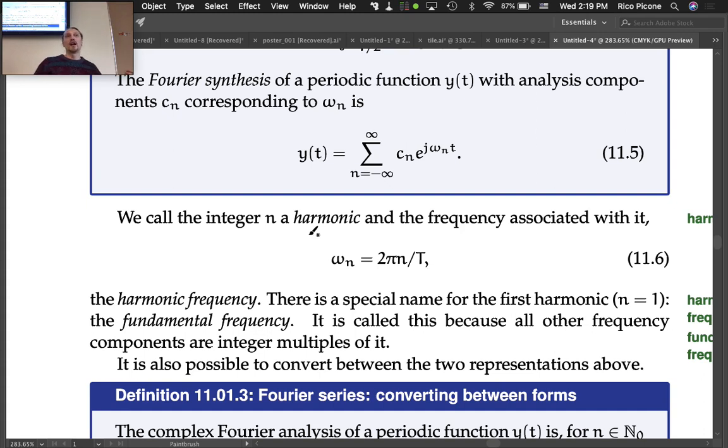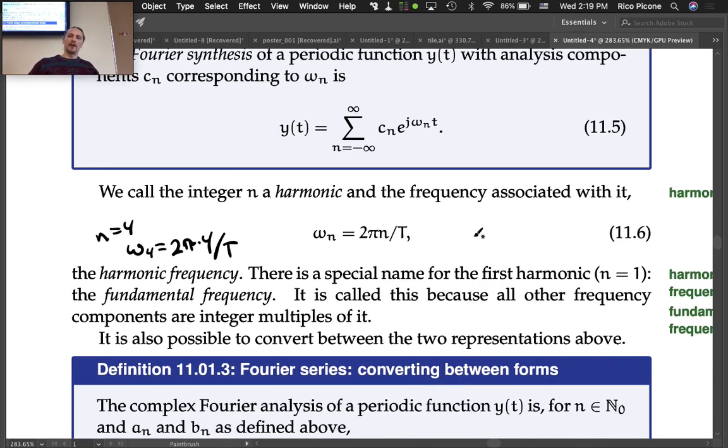So we could say the fourth harmonic is n equals 4, right? And the fourth harmonic frequency is omega 4 equals 2 pi times 4 over T. That's the fourth harmonic frequency. Cool. There's a special name for the first harmonic, n equals 1. It's called the fundamental frequency.